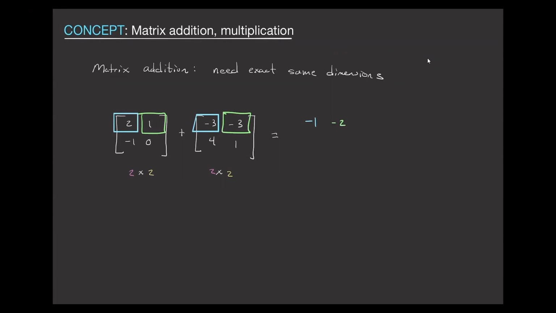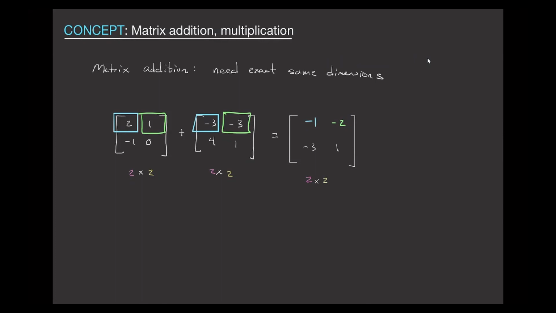Filling in the last couple in the same way, I think we'd get -3 and we get 1. Notice that you also end up with a matrix of the same size, which might be obvious why. So this is matrix addition.